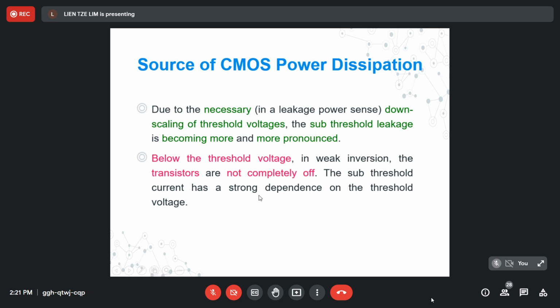For example, for an NMOS, when the input voltage is low, below the threshold voltage, there will still be power dissipation. The NMOS, even though it is in cut off, is not completely off.